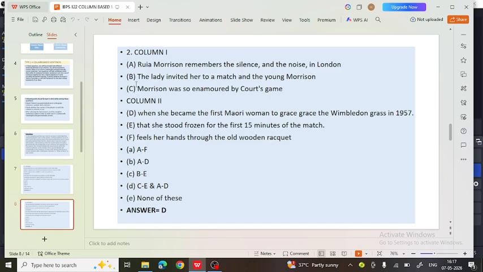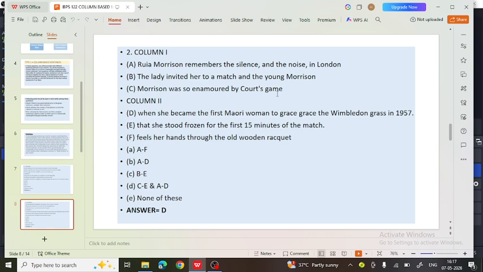Now see the C sentence. Morrison was so enamored by the court's game. Now which two options remain here? This E and F. Okay. See the first one, E, that she stood frozen for the first 15 minutes of the match.